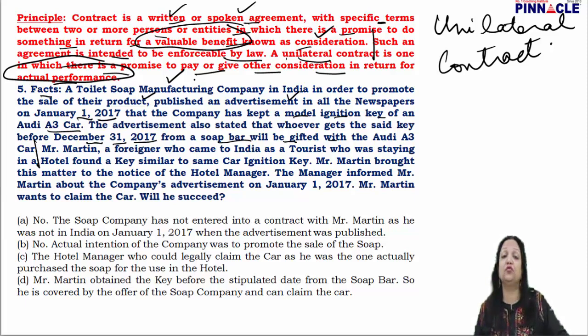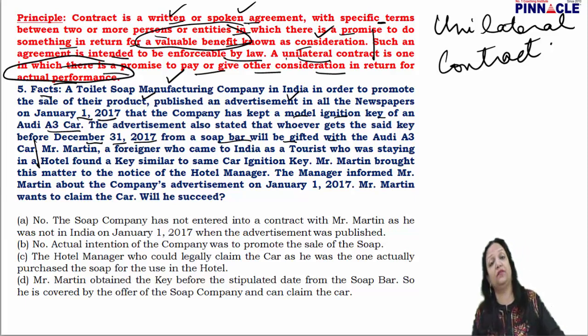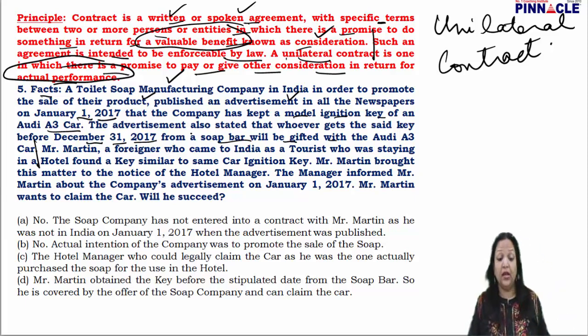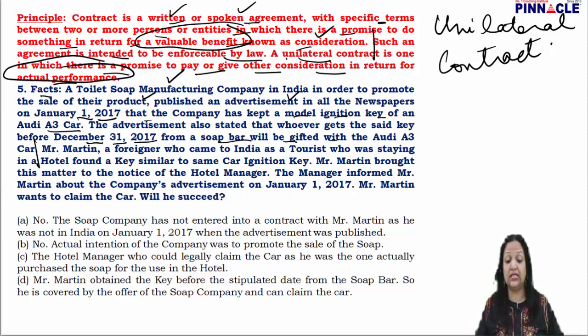So anybody who finds that key in a soap bar and brings it to them before 31st December 2017 will be gifted an Audi A3 car. This is the unilateral contract.